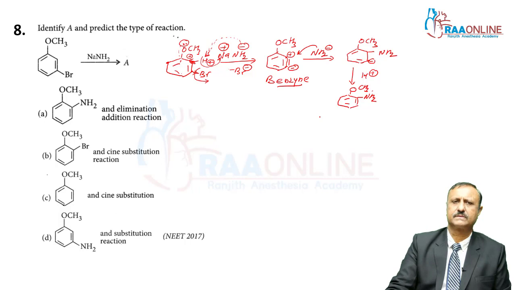So here you can see the NH2 group is present, but you can see whether the electron is present on this side or this side. Here this is the main problem, because this benzyne goes into resonance. So resonance occurs, and when you go in this direction, you can get the NH2 group attached at the ortho position to OCH3. And this compound is formed.